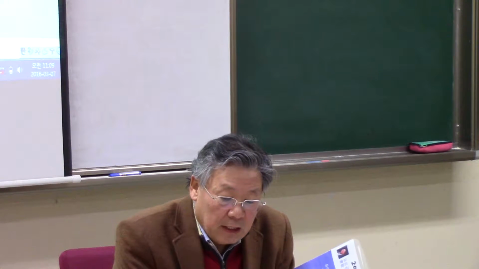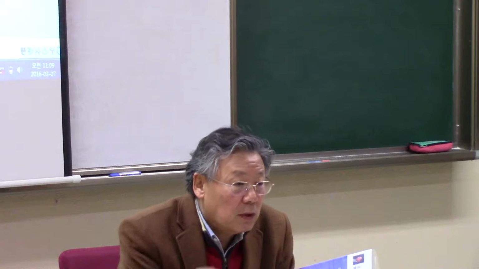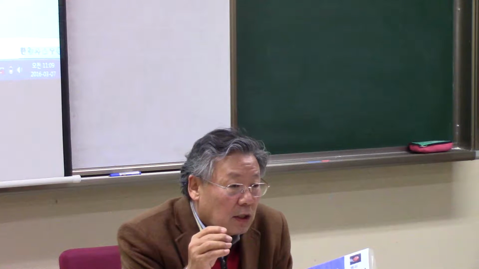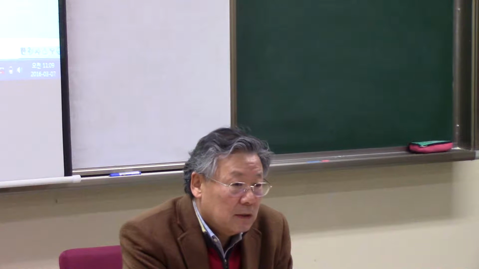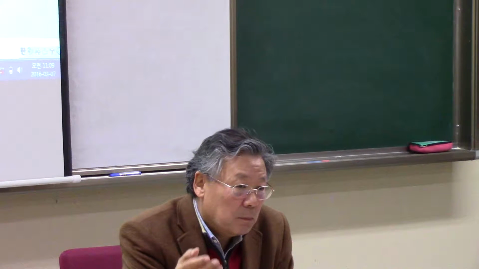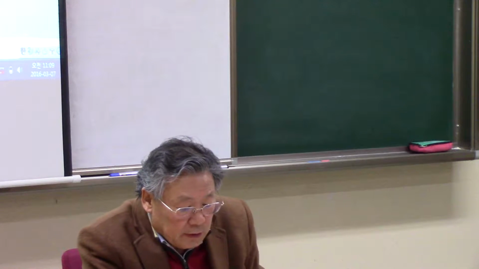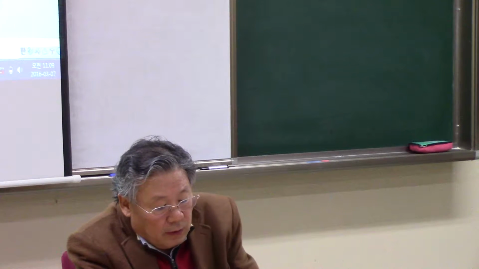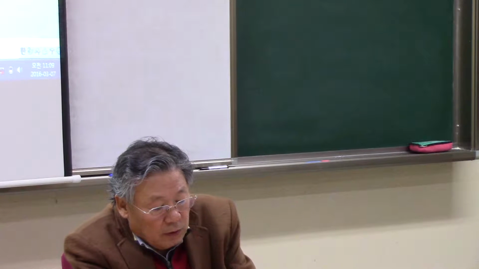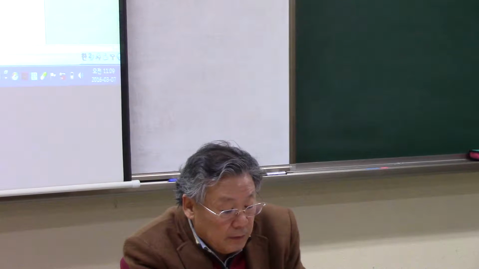Okay, and for each unit process, I try to cover the basic theories behind the practical processes, and then we're going to introduce the practical processes related to each chapter. Okay.